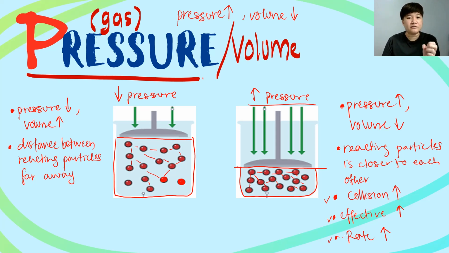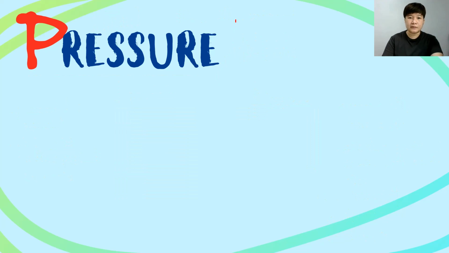At the end of the day, we want to change the reactant to become product. So to change the reactant to become product, the reactant must collide and must have effective collision. Then only the reactant will change to product and the rate becomes higher. So it's similar, but keep in mind, pressure always talks about volume.